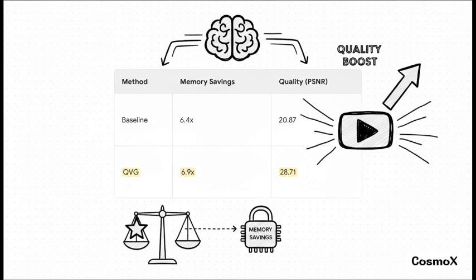And here's the kicker, it's not just about saving space. Look at these numbers. QVG saves a little more memory than the old way, sure, but check out the quality score. It's way higher. So how is that possible? How do you use less memory and get a better video? Well, by getting rid of all that redundant noise, the AI can focus its brain power on the details that actually matter. It's the definition of a win-win.